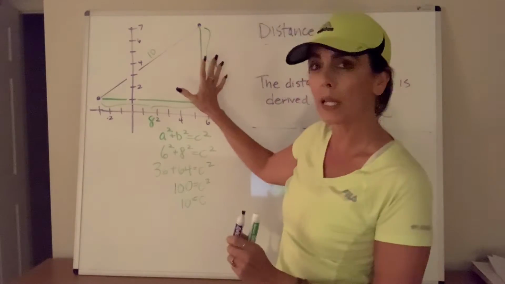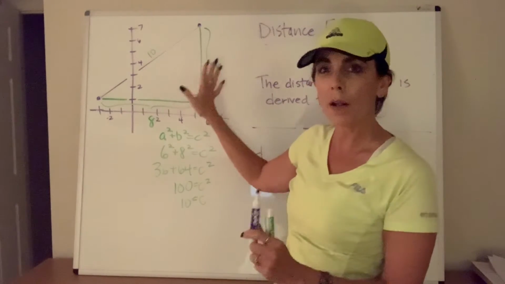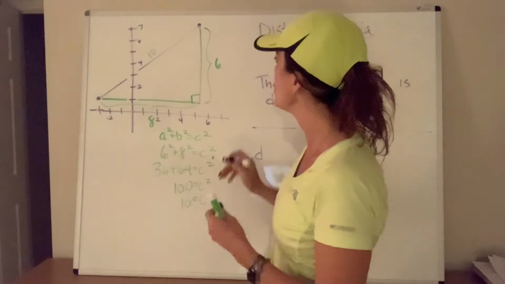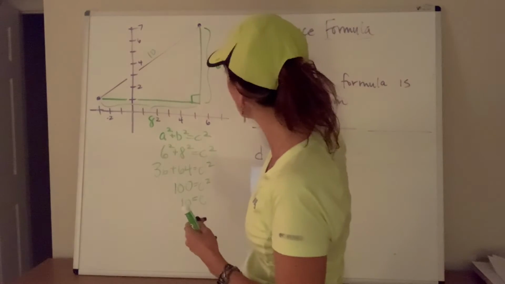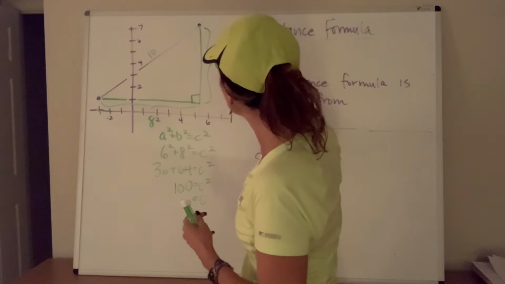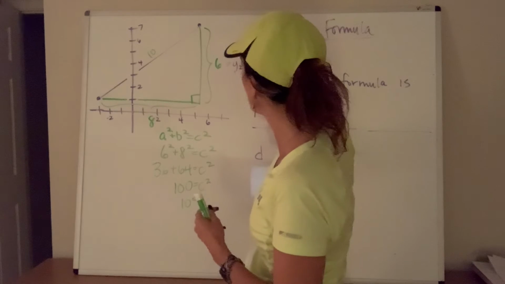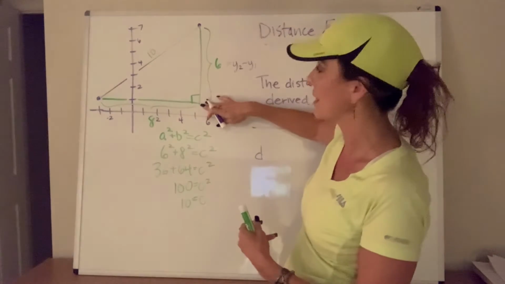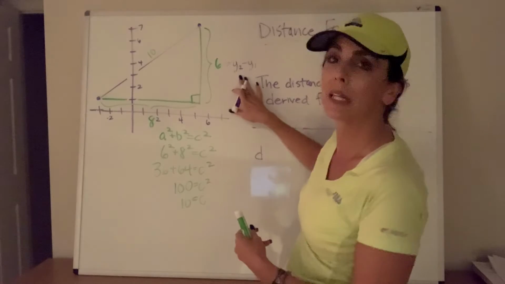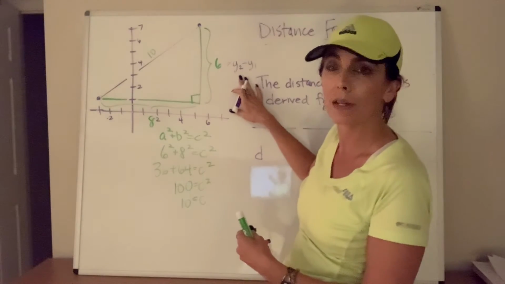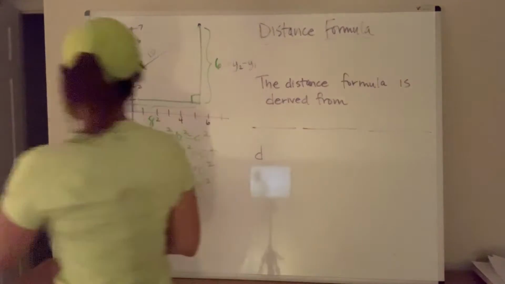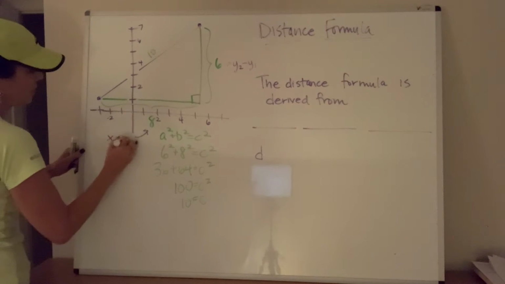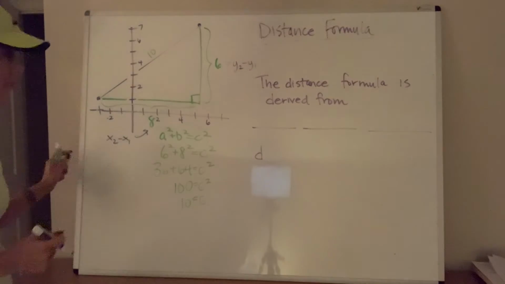So when we want to generalize this for anything, what we can do is say that this distance is really y2 minus y1. One of the y values, subtract the other y value, and we're going to get this value here, okay? Now, over here, this then is going to be x2 minus x1, same thing, all right?